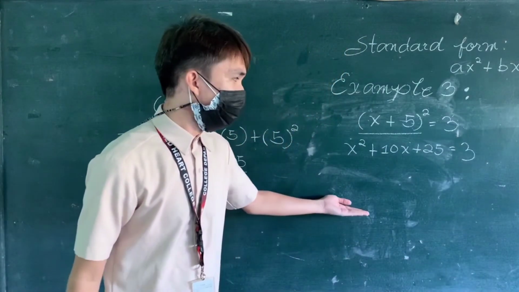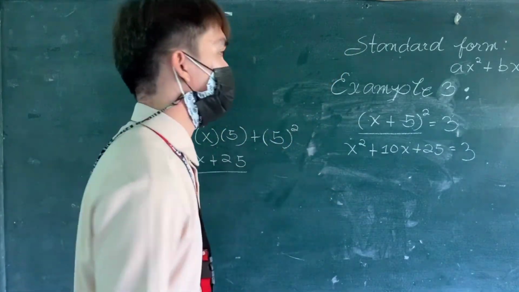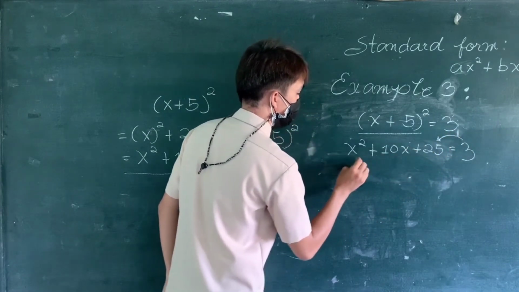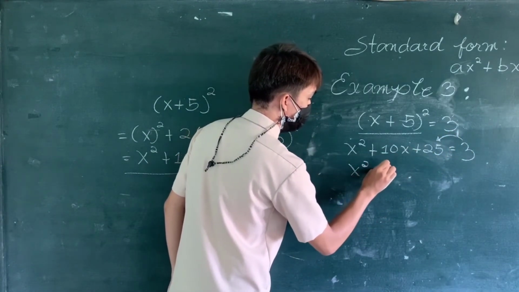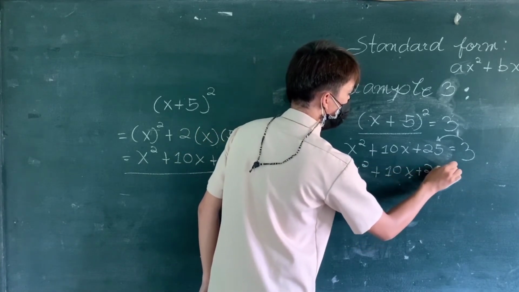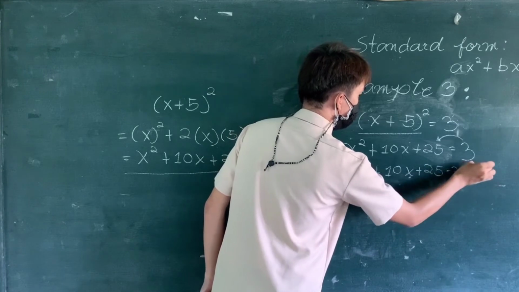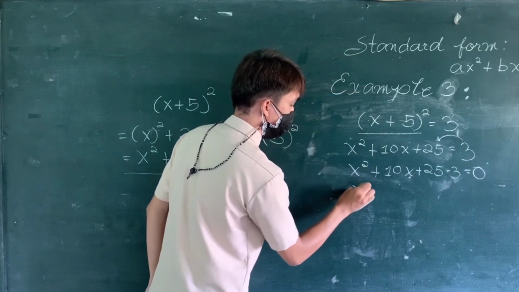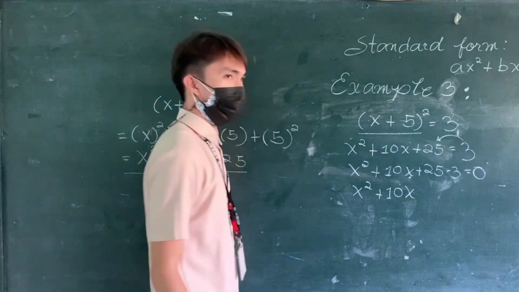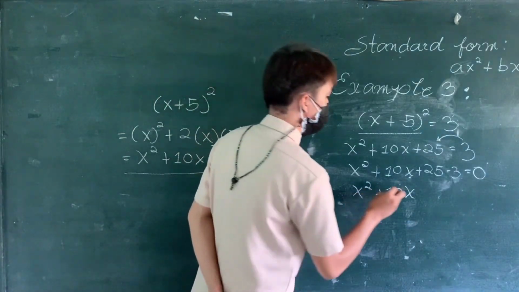Are we done, class? Not yet. We transpose 3 to the other side. Copy x squared plus 10x plus 25 minus 3. 25 minus 3 is equal to 22.